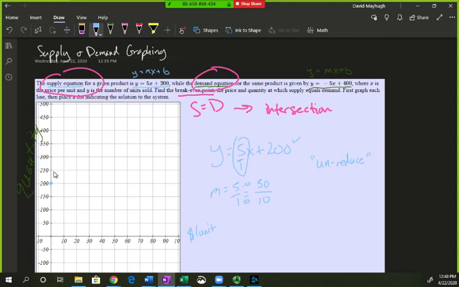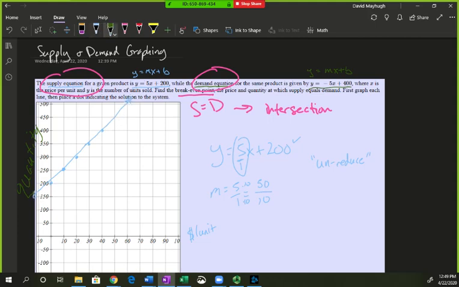And I can now go over 10. Now watch out, they're different scale, but 10 is one space. So up 50 over 10. I can do it again if I want, up 50 over 10, up 50 over 10, up 50 over 10, so on and so forth. So we know we have this line, which again is representing our supply.